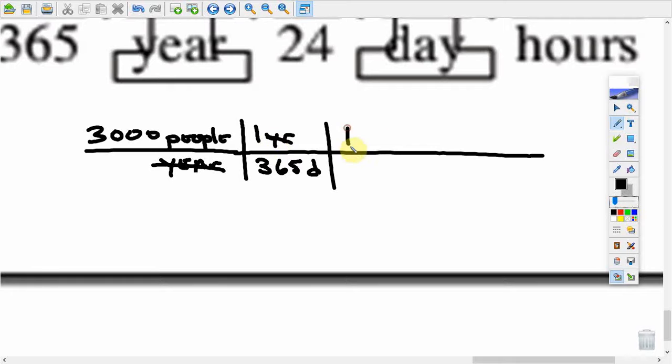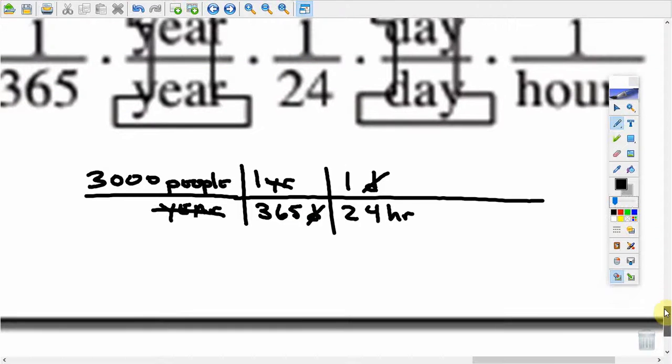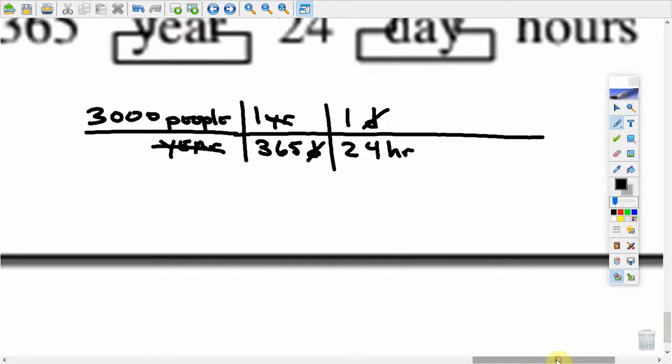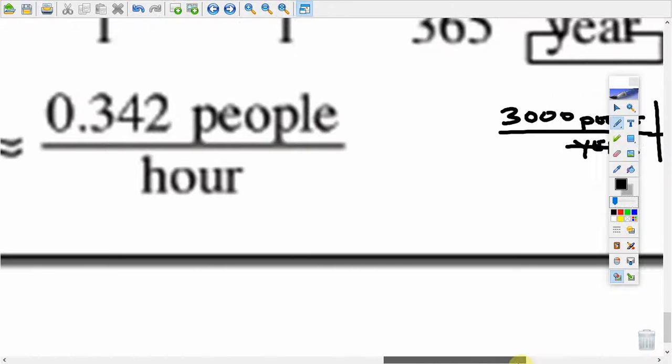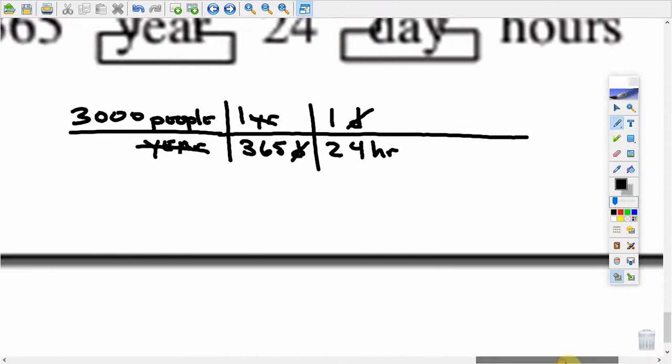I know that 1 day is 24 hours. So now that day cancels with that day because we have a big 1 involved. And are we done? Trying to get it into people per hour. I think we are. People per hour. Yep. So let's see if we get the same method or the same answer.